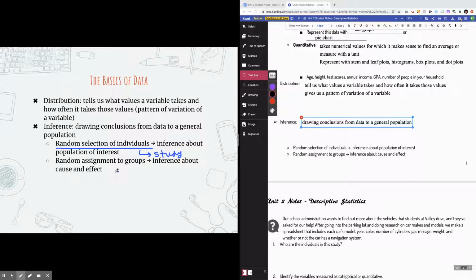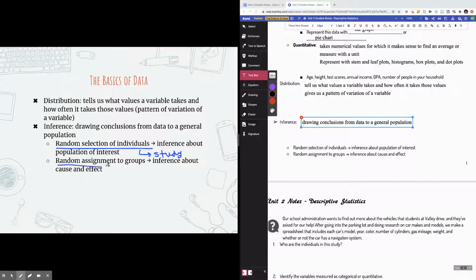If you pull subjects at random from your population, gather information about them, and observe the results, then you can make inferences about your population.